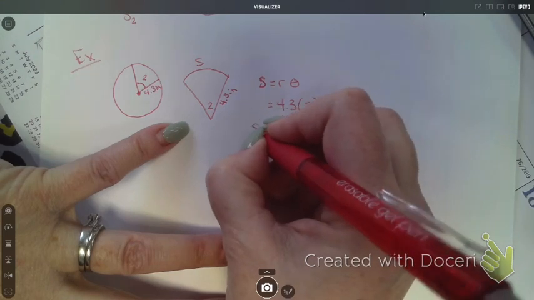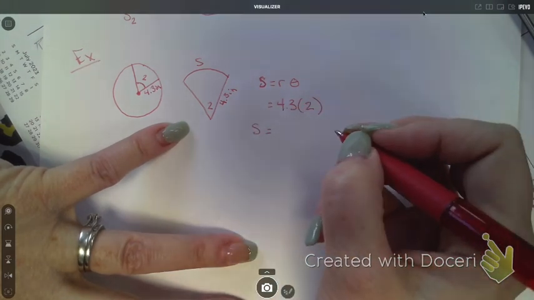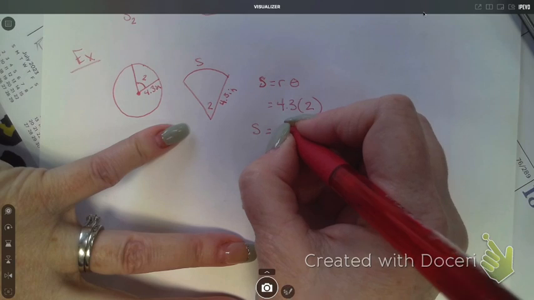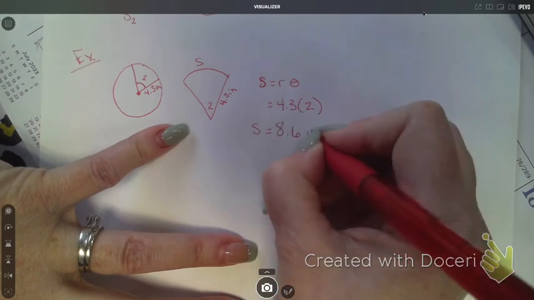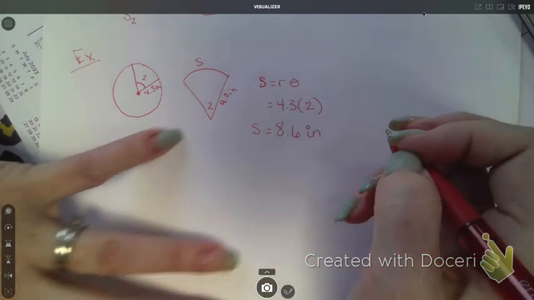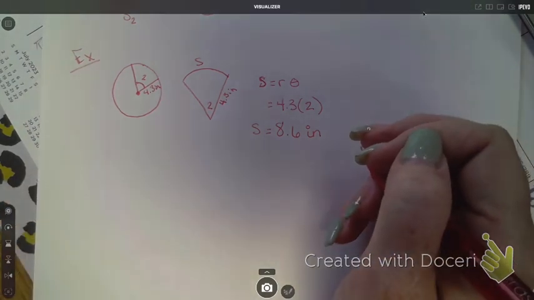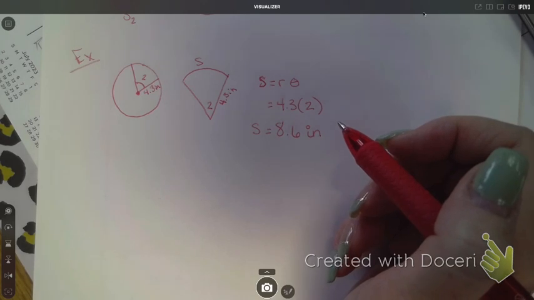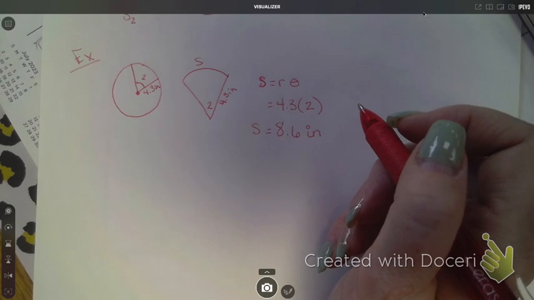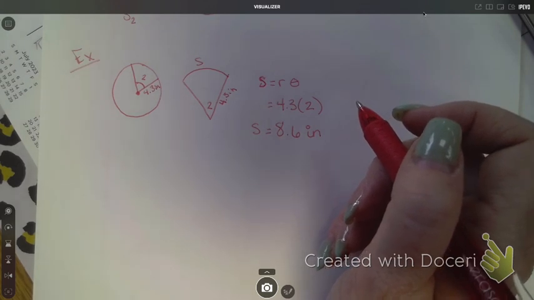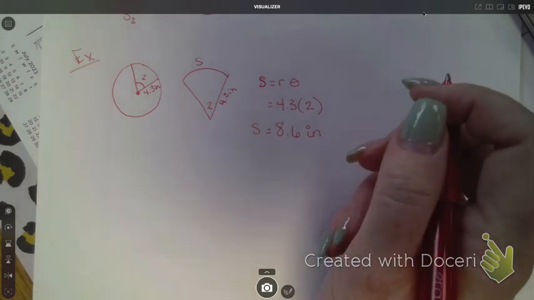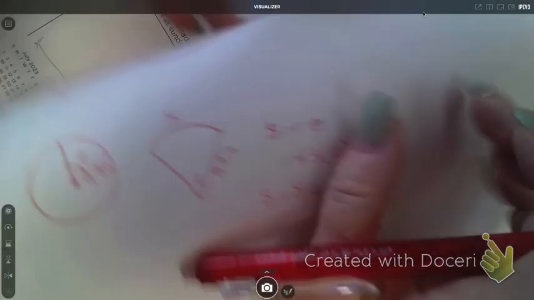So what is S? 8.6 what? Inches. Make sure you know what unit you're putting on there. Radius and sector length are going to get inches. Angle is not going to get a degree because it's going to be in radians. So do we have to write anything? No.